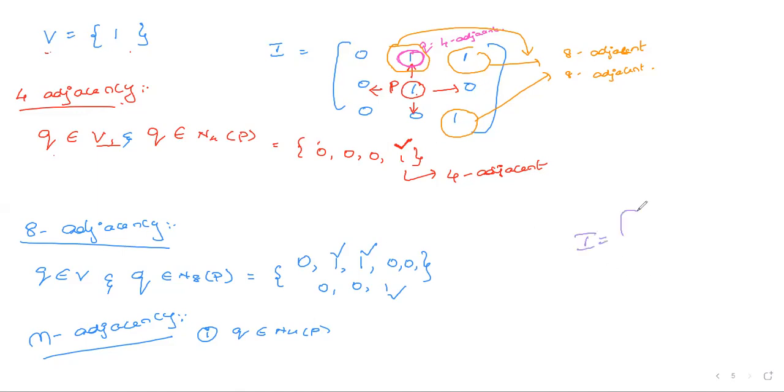So I is equal to 0, 1, 1, 0, 1, 0, 0, 0, 1. According to the first condition, this is M adjacent, because Q belongs to N4 of P. This is satisfied.